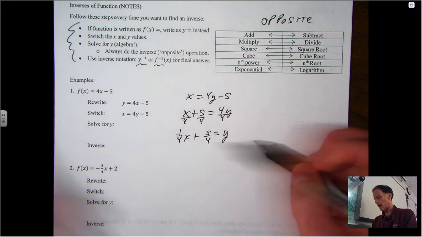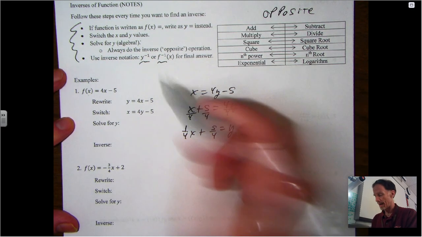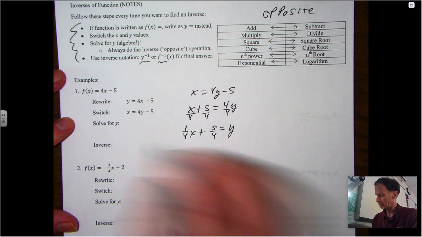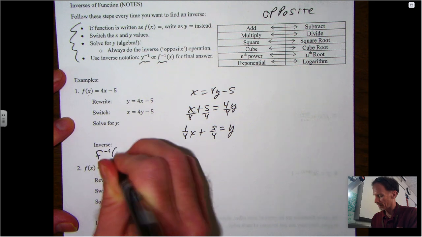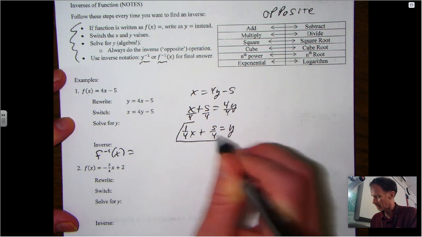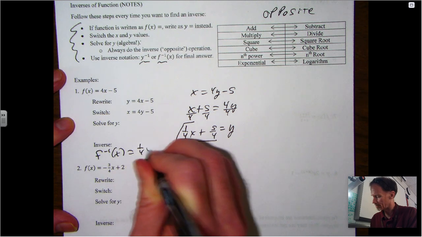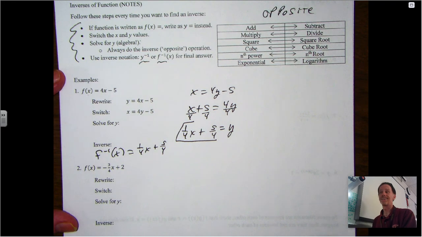Now my y is by itself. To write our final answer in the right format using my notation, I could write f inverse of x is equal to whatever this is. So it'd be 1/4 x plus 5/4.